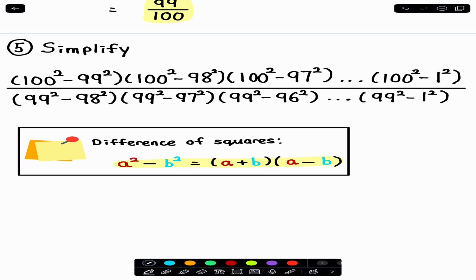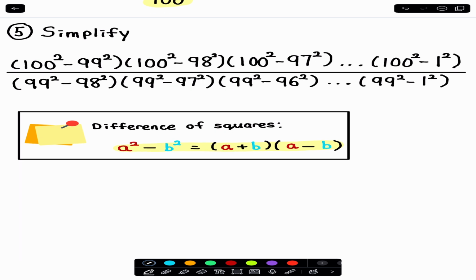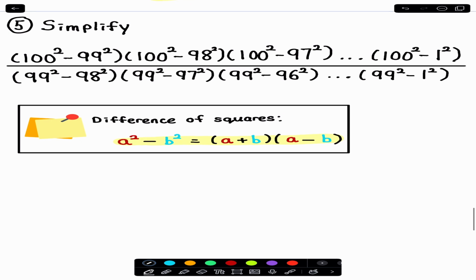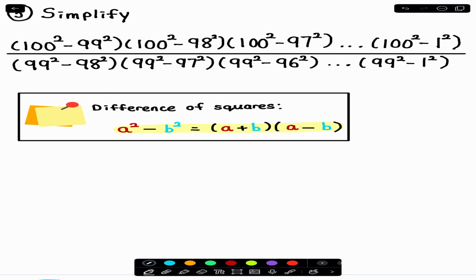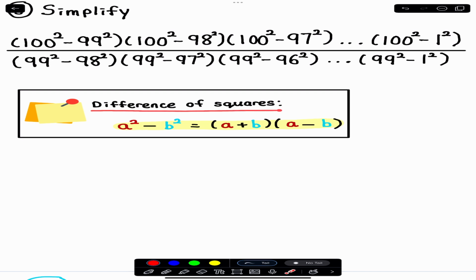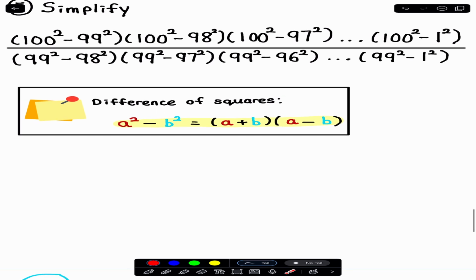We need to use the telescoping series, but right now it's not really in a useful form. So that's why I chose this as the last problem. You're going to have to use in math everything you know. Right now this question is basically begging us to use difference of squares, which is such an important identity that you must know.